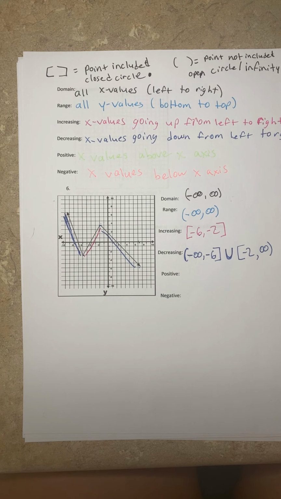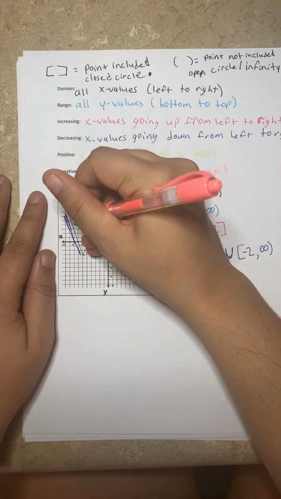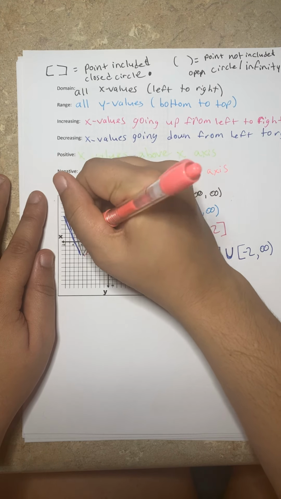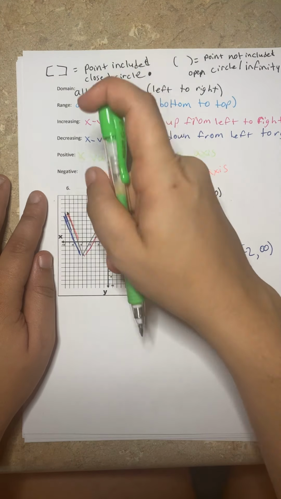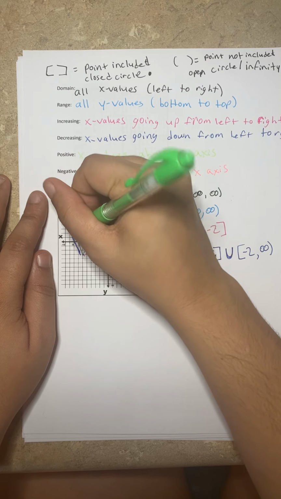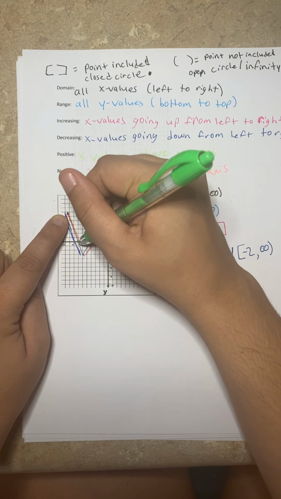So again, we look from left to right, but remember, we're stopping every time we hit the x-axis here. So here, I'm positive from this end until I hit right here.